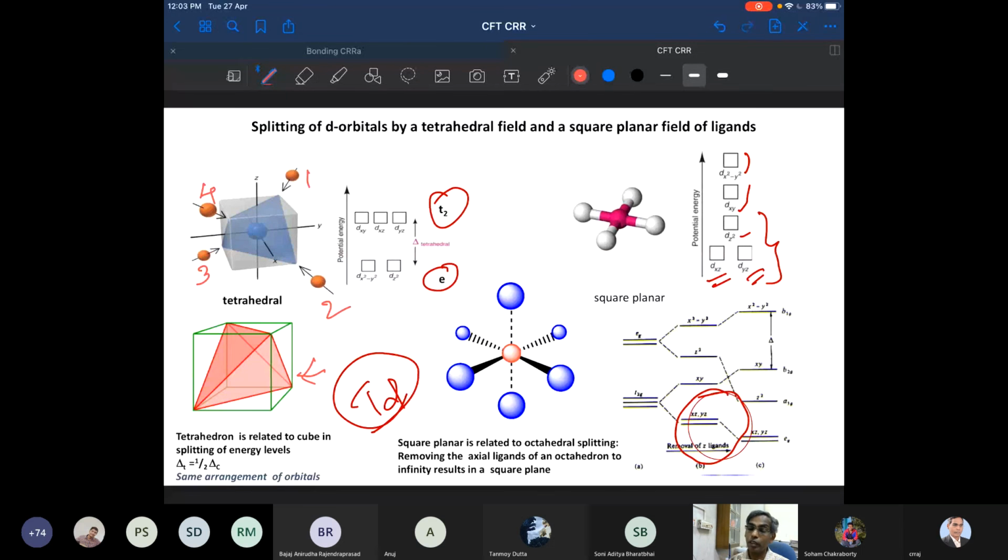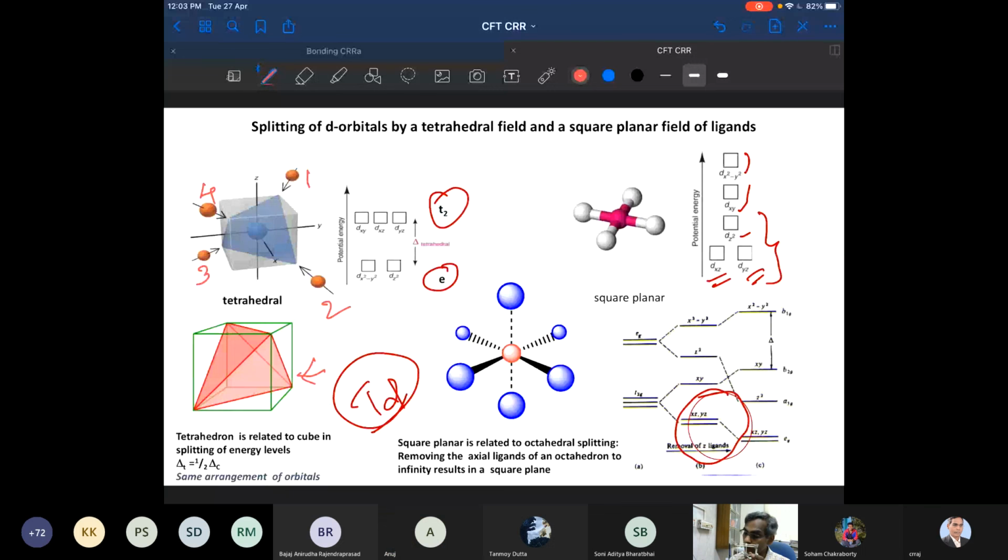Now, in the case of a tetrahedral, what is happening? The ligands are not coming along the faces, but along alternate corners of the cube. Now imagine the metal inside, and assume all the d orbitals, where they are positioned. Where will the interaction be more, where will it be less?